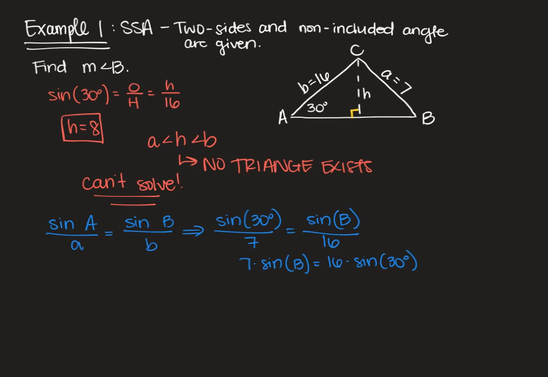So we have to divide both sides by 7. So sine of angle B equals 16 times sine of 30 degrees divided by 7. And we know from last unit that to solve for the measurement of angle B, we're going to have to take sine inverse of both sides.